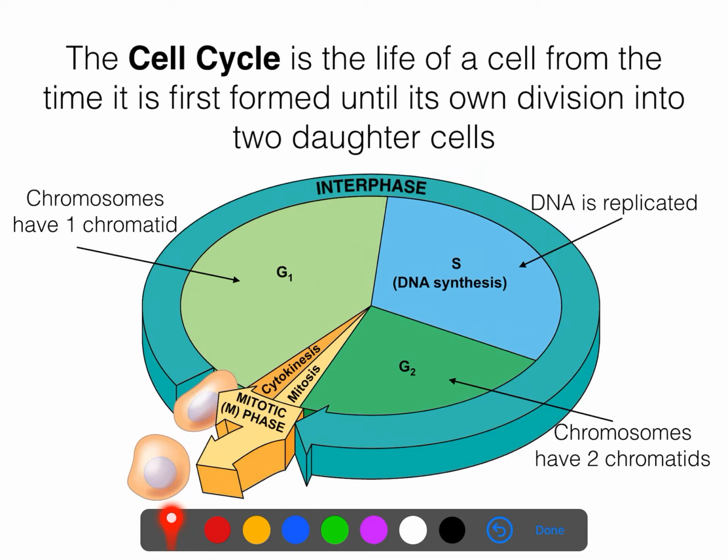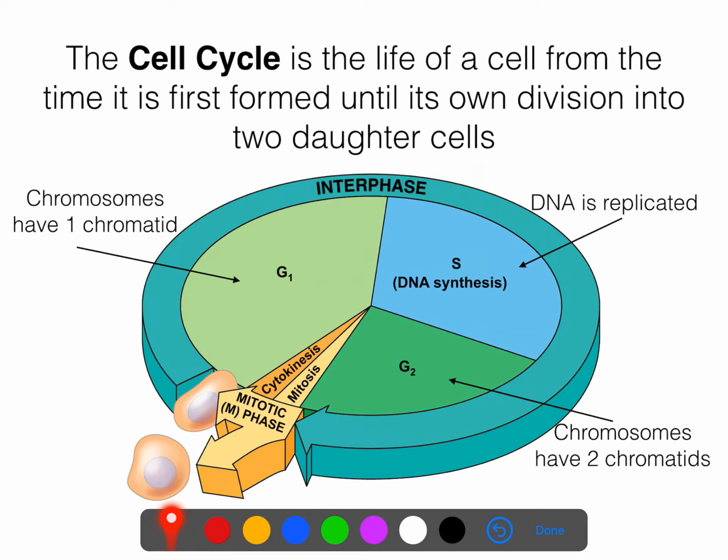Interphase is all of the other time. Interphase is all of the time when the cell is not actively dividing into two cells. And so most cells spend most of their time in interphase.